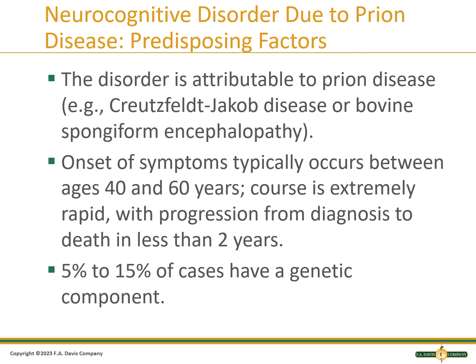Prion diseases can also cause neurocognitive disorder. Creutzfeldt-Jakob disease, or bovine spongiform encephalopathy, or mad cow disease. Symptoms usually occur between ages 40 to 60. Rapid progression from diagnosis to death within 2 years.